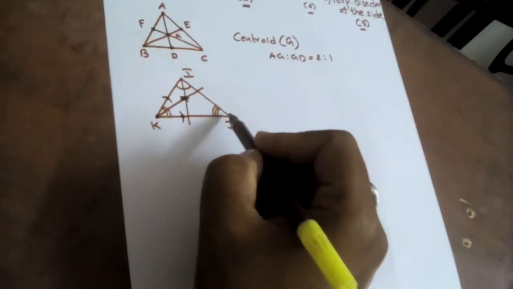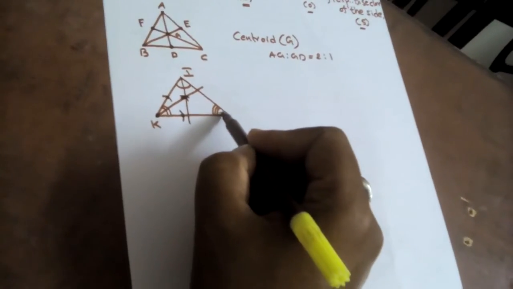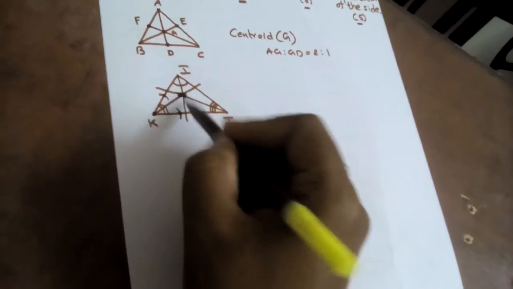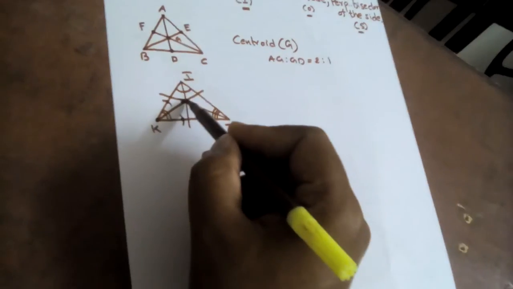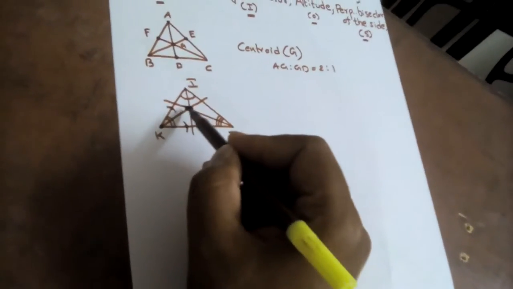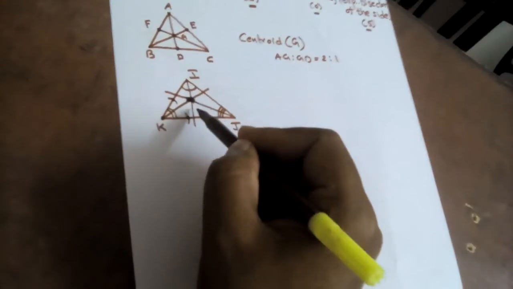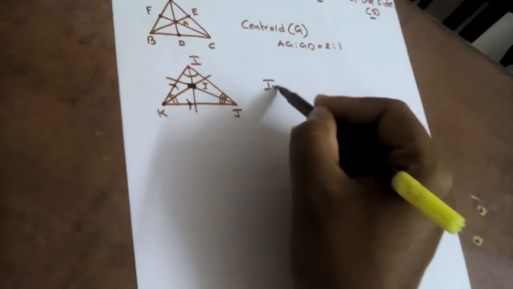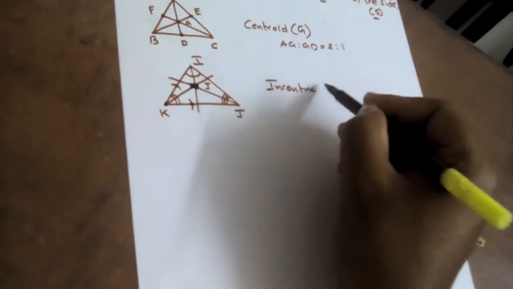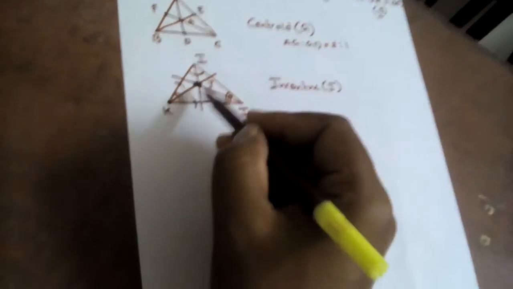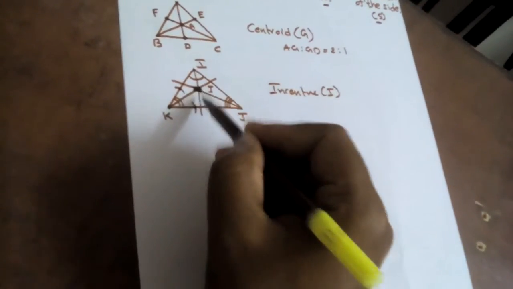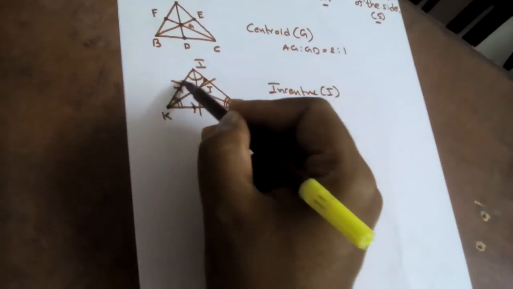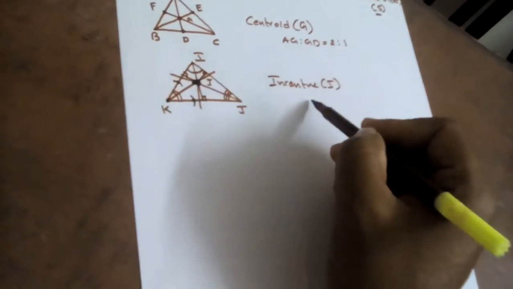And here the third internal angle bisector will also pass through the same point where the previous two internal angle bisectors met. So that is a great thing, and that point is called incenter, and it is represented with the letter I. Now from I to the sides, just draw perpendiculars, and surprisingly all these lengths are equal.